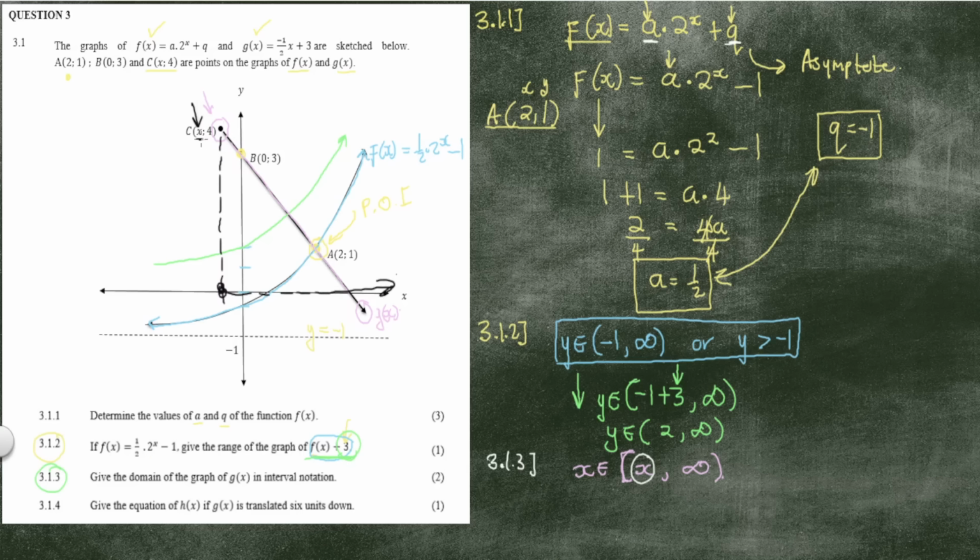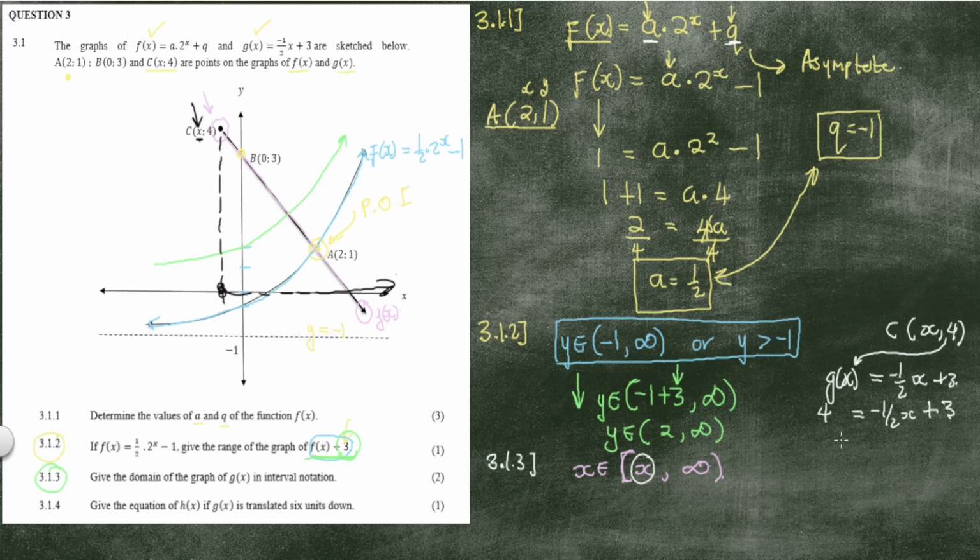So this means that we need to calculate the x coordinate of C first. How do we do that? We go to the g function. This is g equal to minus 1 over 2 x plus 3. So the C point has an x which is unknown, and the y value is 4. So where there's y, I substitute 4 equal to minus 1 over 2 x plus 3.